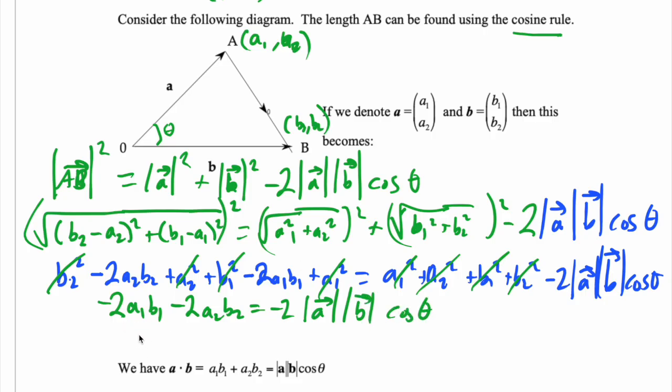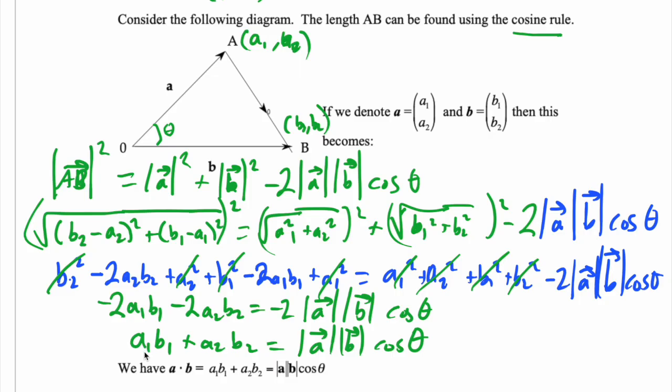And divide by negative 2 and you get a1b1 plus a2b2 equals magnitude of A magnitude of B cosine theta. So this equation is very useful.